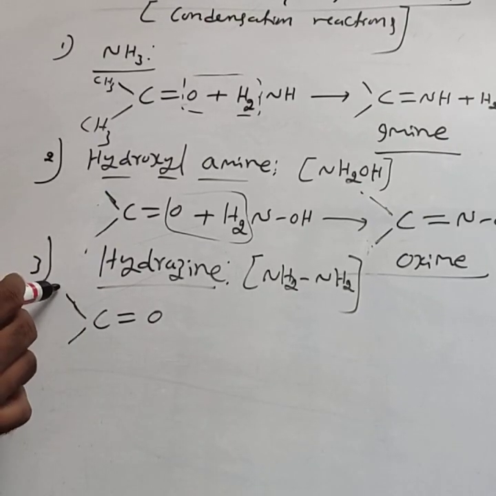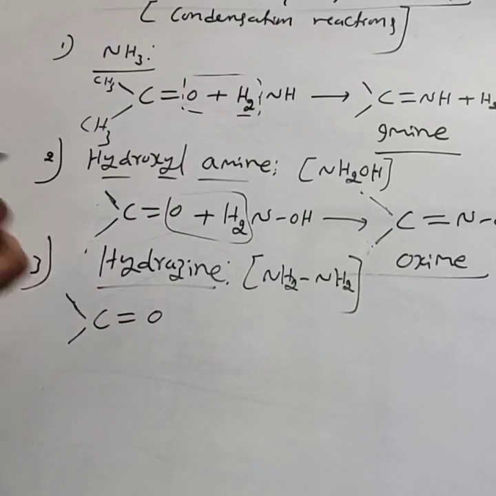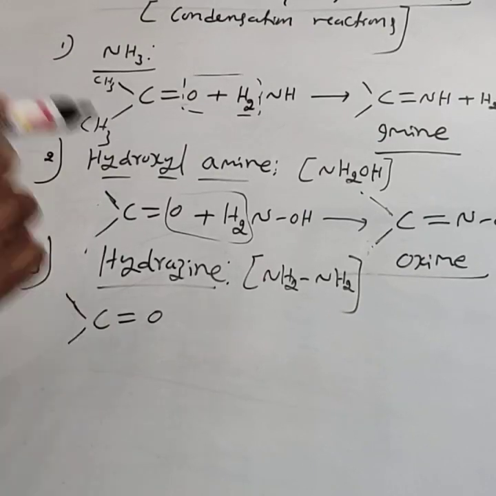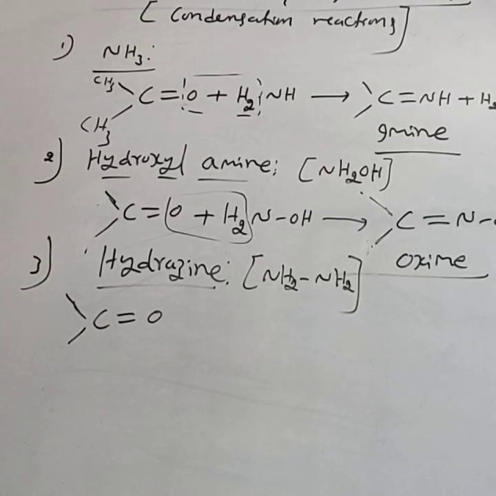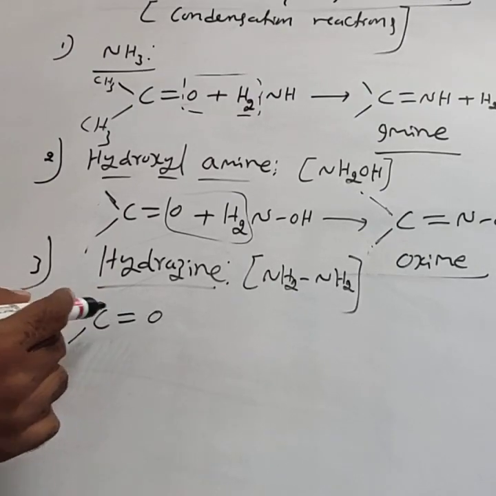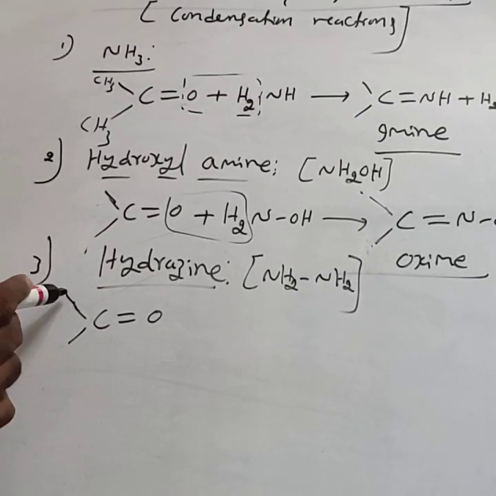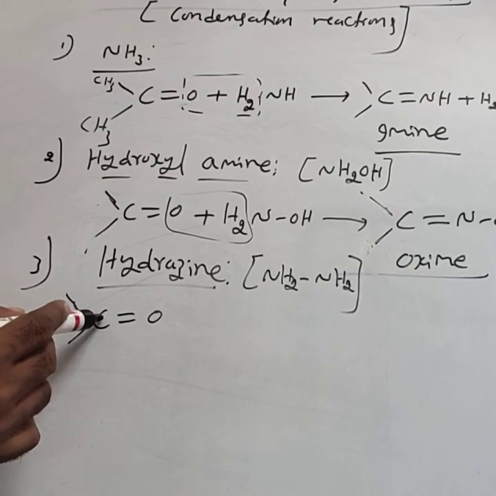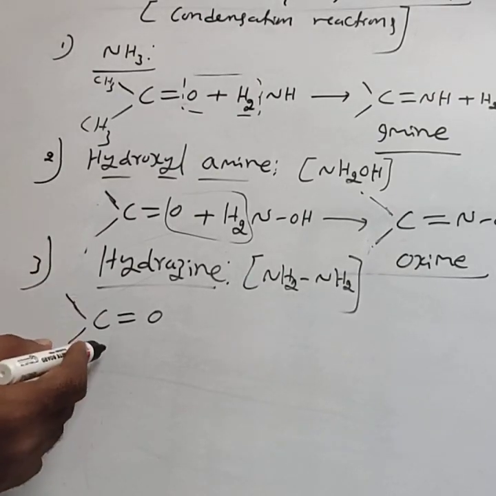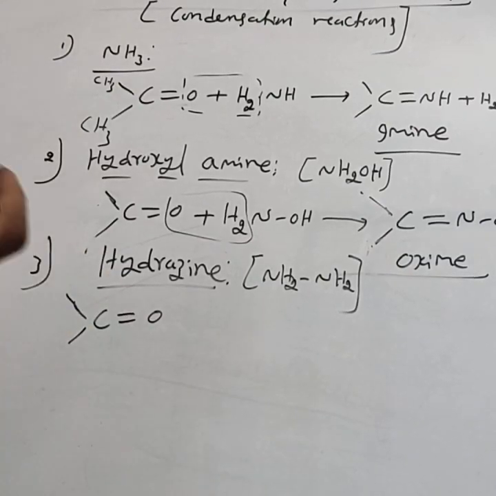If I write RCHO, that indicates an aldehyde. If I write RCOR, then it is a ketone. If I write CH3CHO, it is acetaldehyde. If I write CH3COCH3, then it is acetone. This is the carbonyl compound.